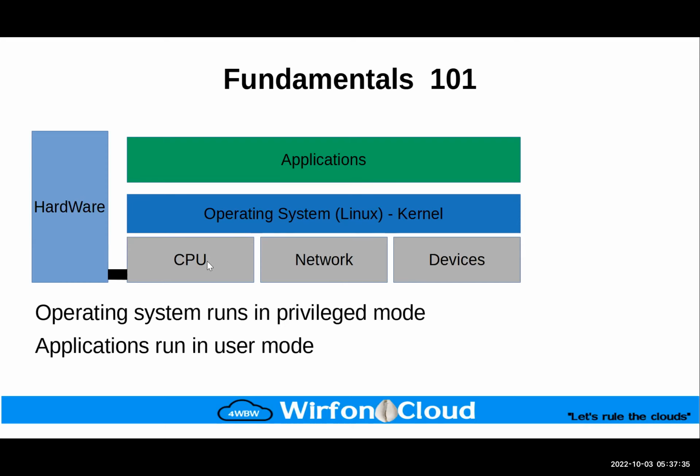So this is how it looks when you look at a computer. And as you know, technology will always advance, and what made it possible for cloud computing to be as popular as it is is another kind of technology that came up.